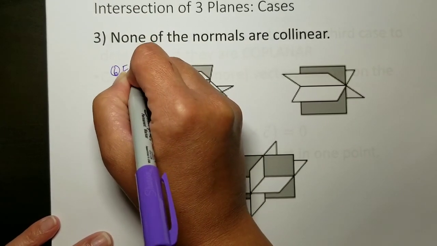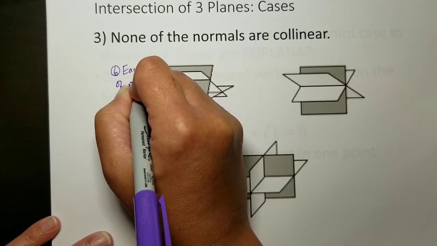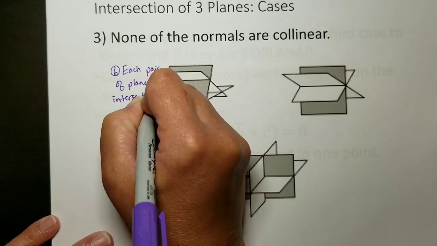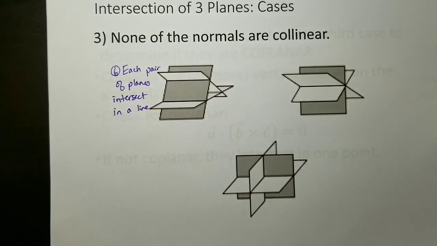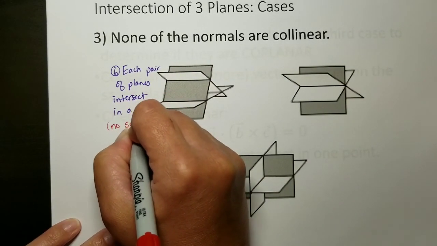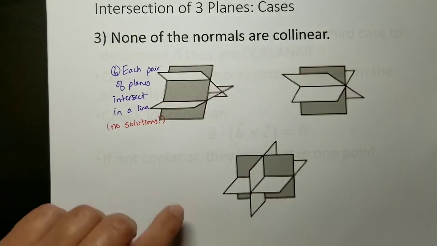So each pair of planes intersect in a line. And for this one, there's no solutions because none of those points are going to be on all of the planes.